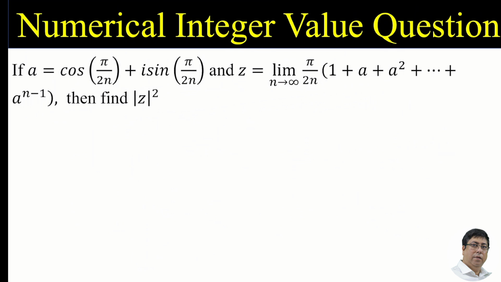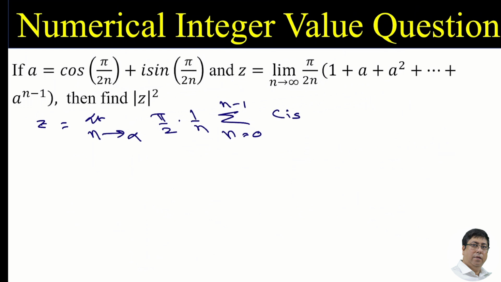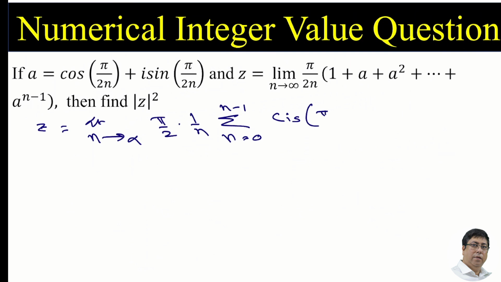Better we'll use the definite integral as a limit of sum. So let us consider z equal to limit n tends to infinity of pi by 2 into 1 by n, summation of r equal to 0 to n minus 1, cos theta plus i sin theta, that is pi by 2 into r by n.